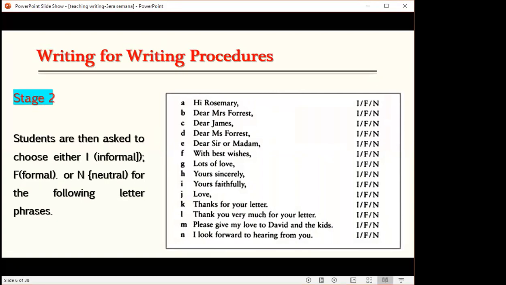Can you tell me what the purpose of this activity is? For example, in the previous one, the purpose was to analyze the tense construction. What is the purpose of this activity? This one is to find out which one is informal and which one is formal.